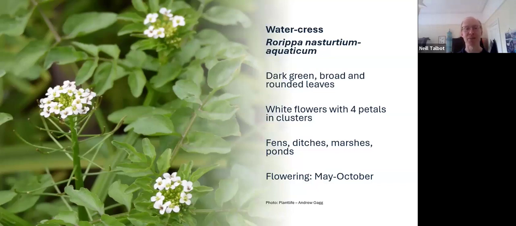And if you look at the picture, it's got a cluster of petals with 4 in each flower. So that is an indicator of it being in the cabbage family.